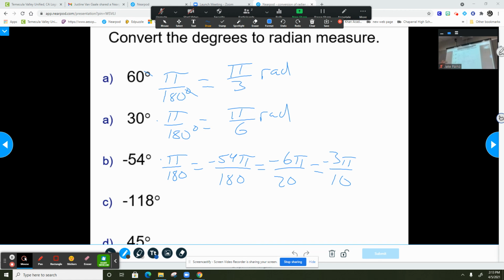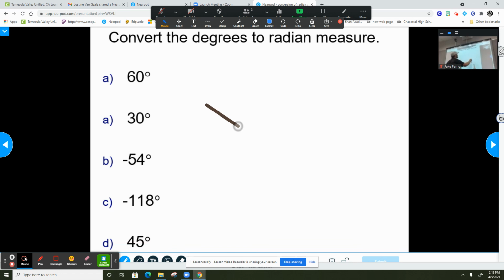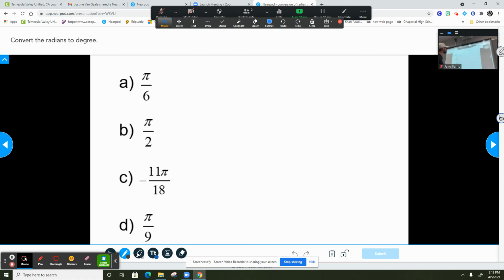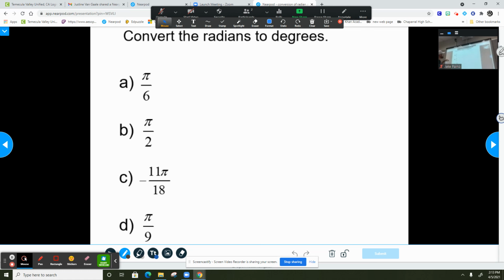You guys can do the last two on your own. Now when you want to convert radians to degrees, I want degrees in my final answer, so I multiply by 180 degrees over pi, because now I want the pi's to cancel out, so the pi has to be on the bottom. That gives 30 degrees.